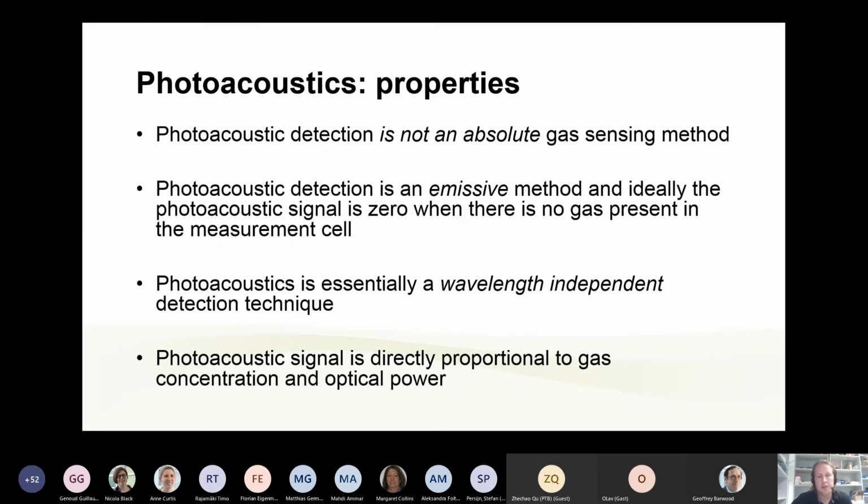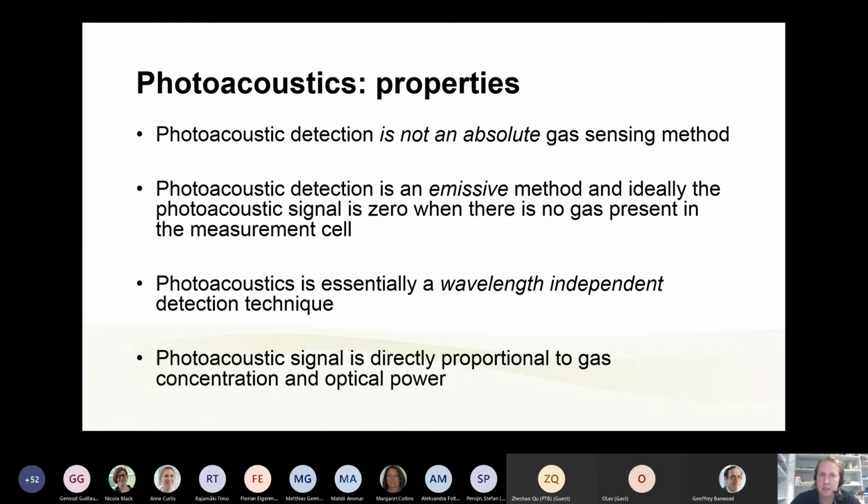But let's first start or rehearse some basic properties of photoacoustics. I think Stefan also mentioned this before, but it doesn't hurt to go through this again now.